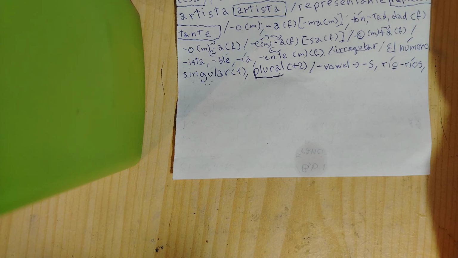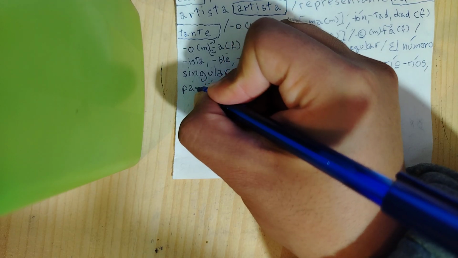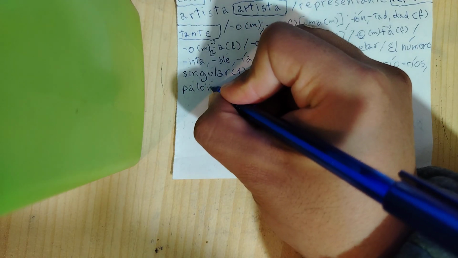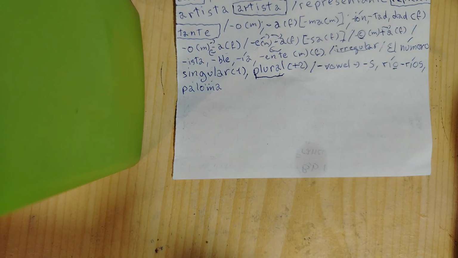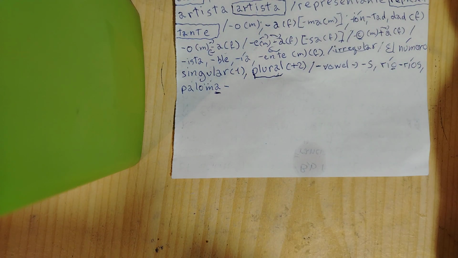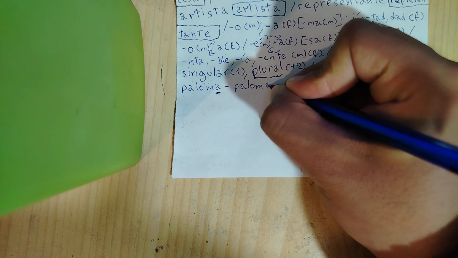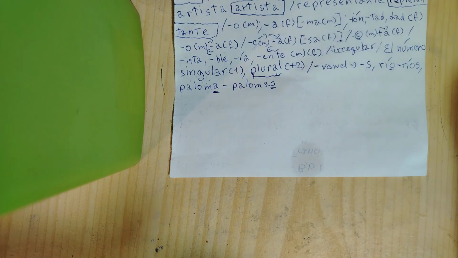Dove in Spanish is paloma. It ends with a vowel, so the plural of paloma will be palomas.